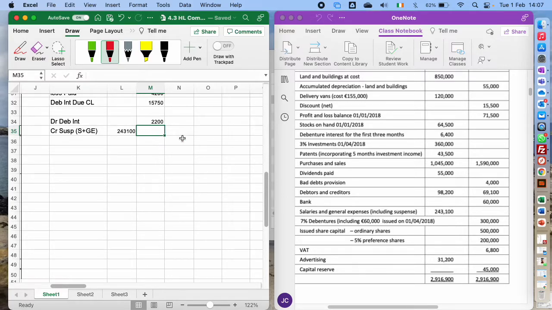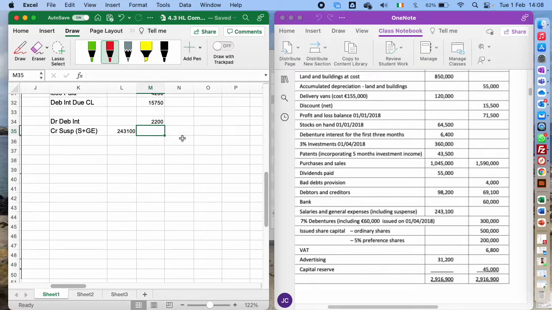So if I'm debiting it to increase it, and my salaries and general expenses has a credit, are they going to be higher or lower? So salaries and general expenses, what type of account? Asset, liability, expense or income? Expense. So if you credit an expense, are you making it bigger or smaller? Smaller.